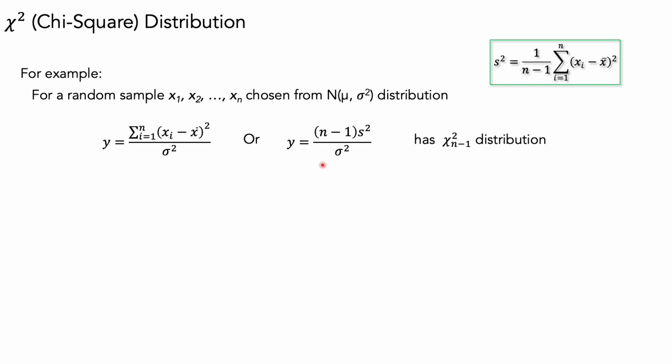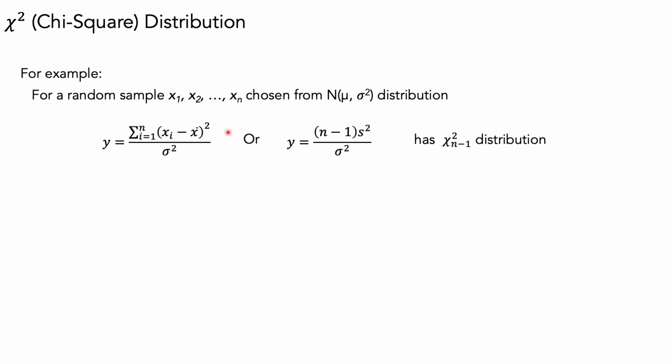So this becomes a statistic, with the numerator being the sample variance, divided by the variance of this probability distribution or the population. Then this one will have a chi-squared distribution with n minus 1 degrees of freedom, and it is represented like this.